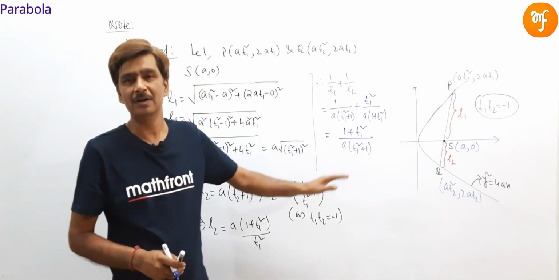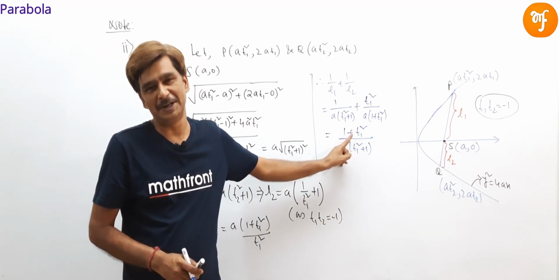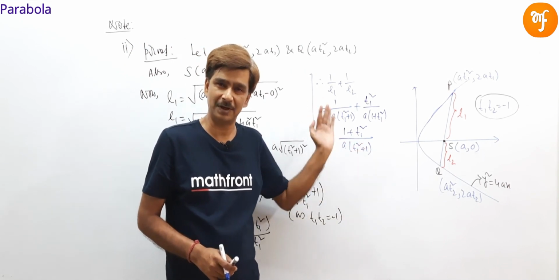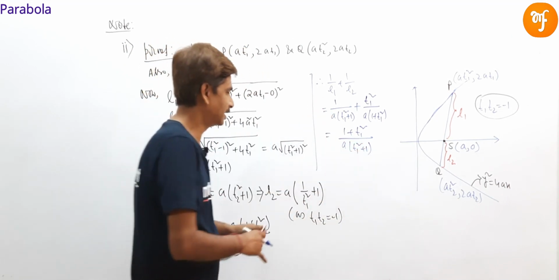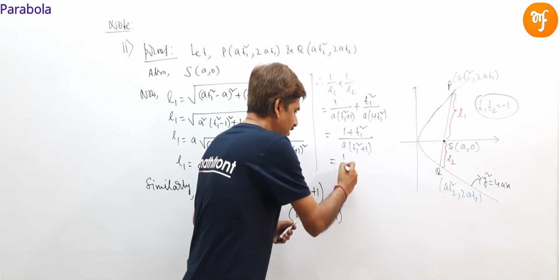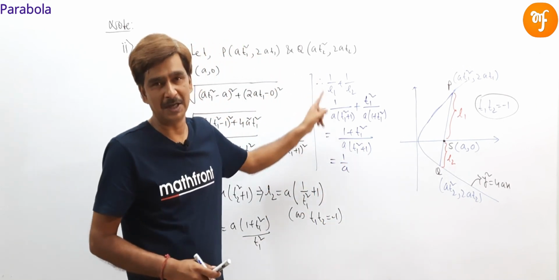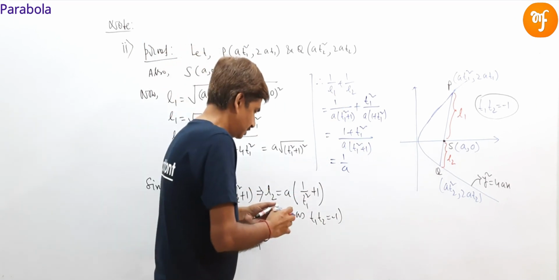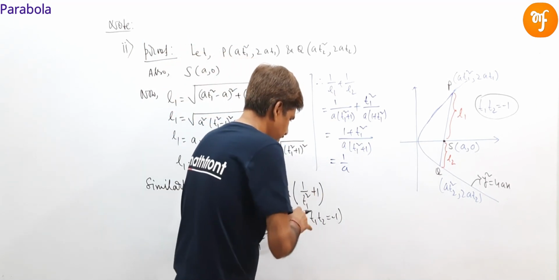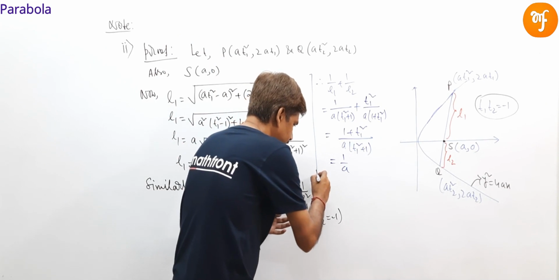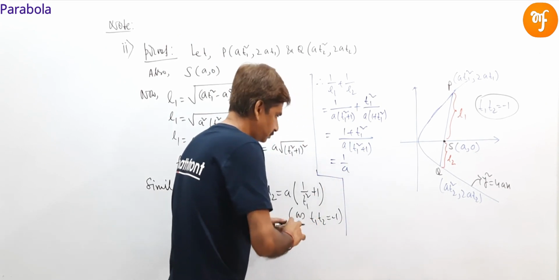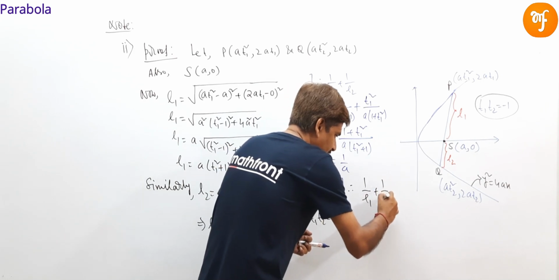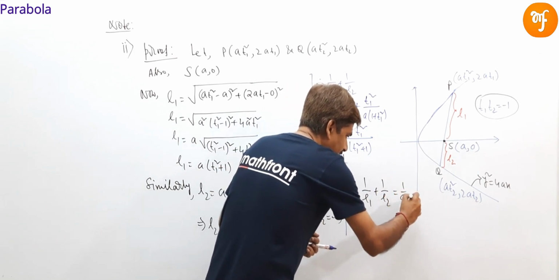We'll get 1 plus t1 square divided by a into (t1 square plus 1). Now obviously, look at the numerator and denominator. From the numerator and denominator we can cancel 1 plus t1 square. So what is the result? The result is 1 by a. So 1 by L1 plus 1 by L2 is equal to 1 by a.